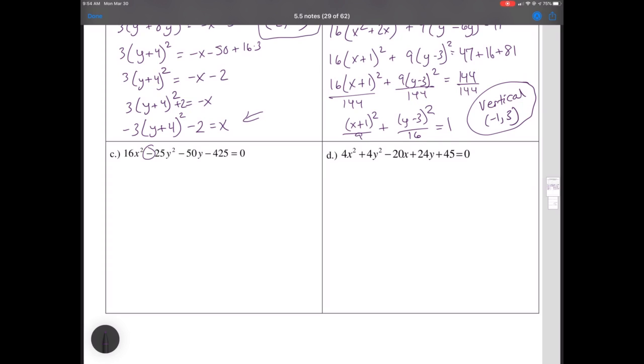Since that is the case, we can see that this is going to be a hyperbola. Alright, so now again we'll group our x's together and group our y's together. Since there is no other x term, we'll just leave the 16x squared by itself. Alright, so we'll factor out the negative 25.